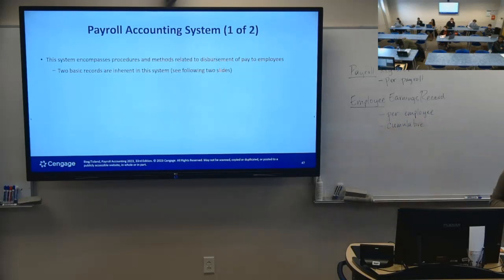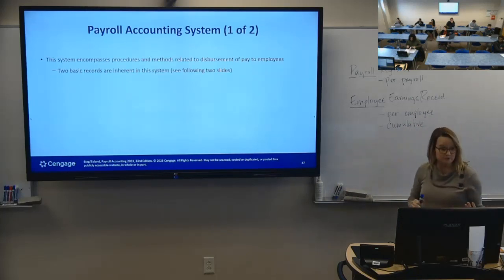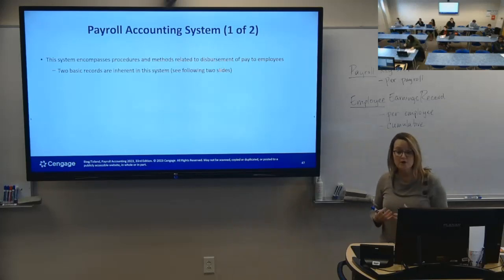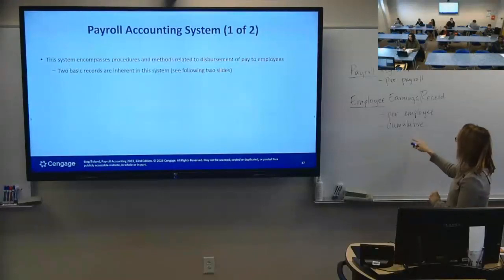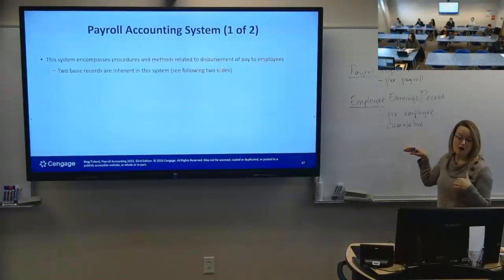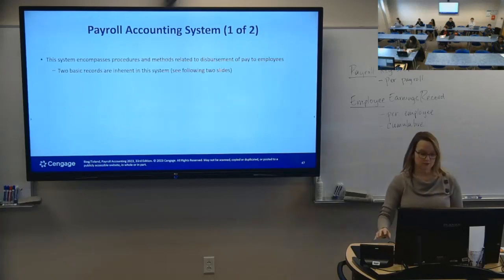The employee earnings record is going to give information about how much each employee was paid, what their gross earnings were, what all of their deductions were for each individual pay period, but then it also keeps a cumulative record of all of that information. Okay, so let's take a look at what each of these look like.